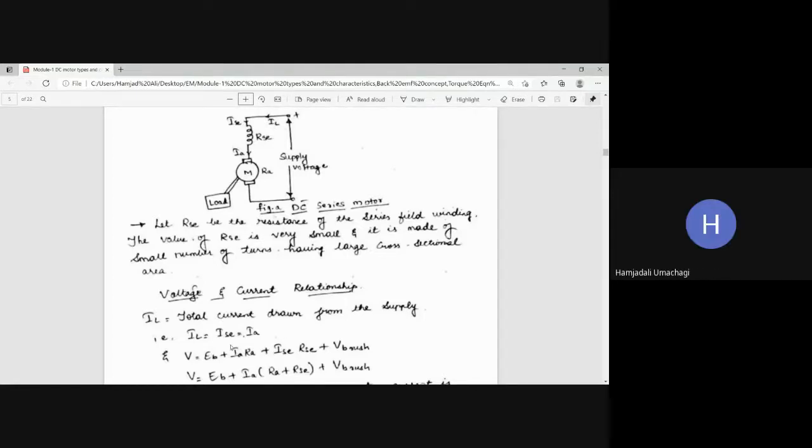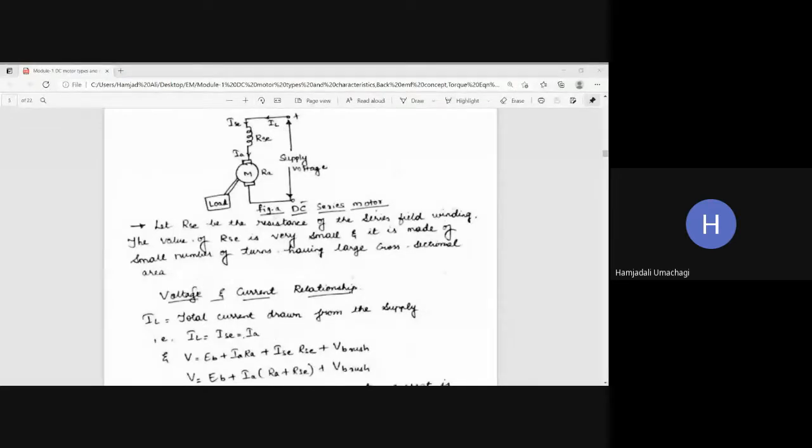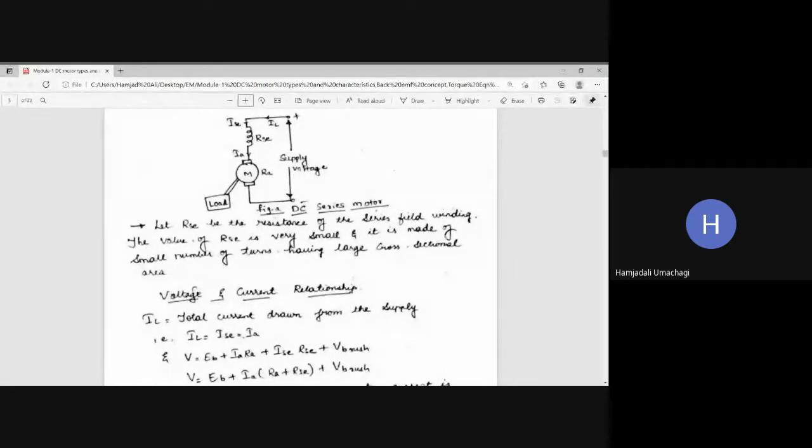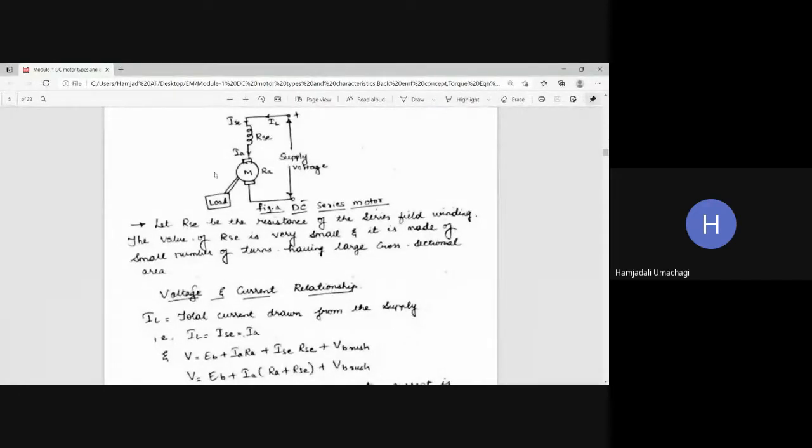It is nothing but the load current, or the current drawn from the supply. IL is equal to the total current drawn from the supply. As the motor is series in nature, we write IL equal to ISC equal to IA.